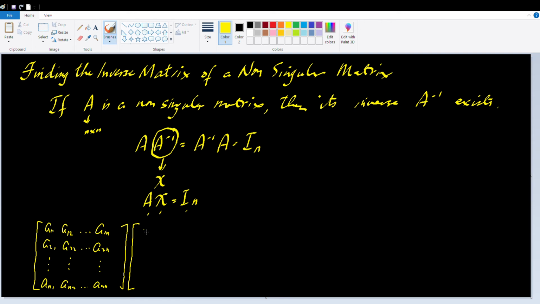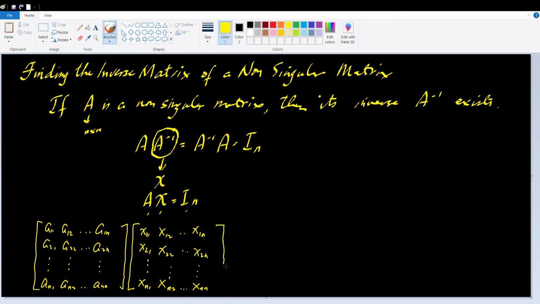Let us denote the unknowns as X11, X12, and so on and so forth, X1n, X21, X22, up to X2n, down to Xn1, Xn2, up to Xnn.